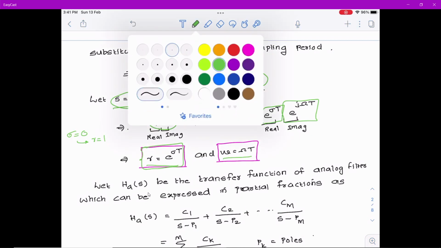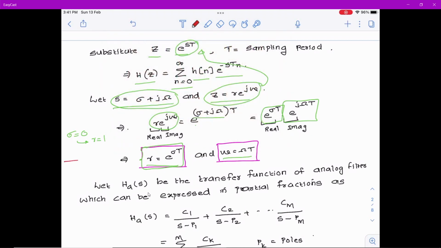Sigma equal to 0 means it represents the j omega axis, and r equal to 1 means it represents the unit circle. So we have mapped the j omega axis to the unit circle.